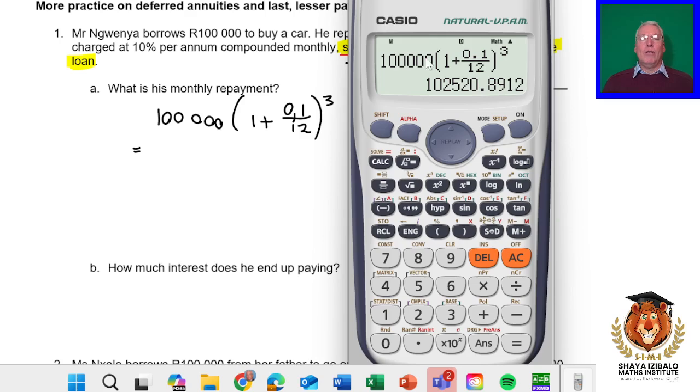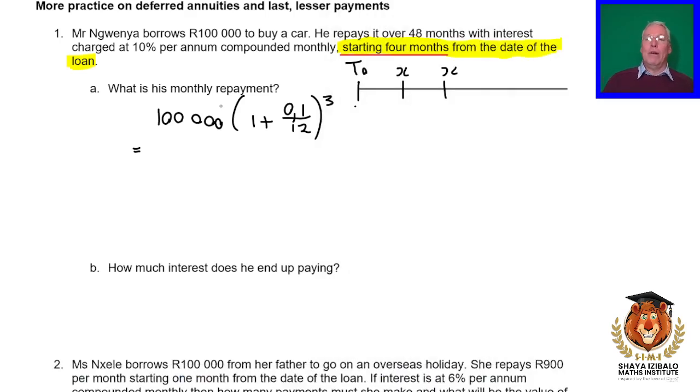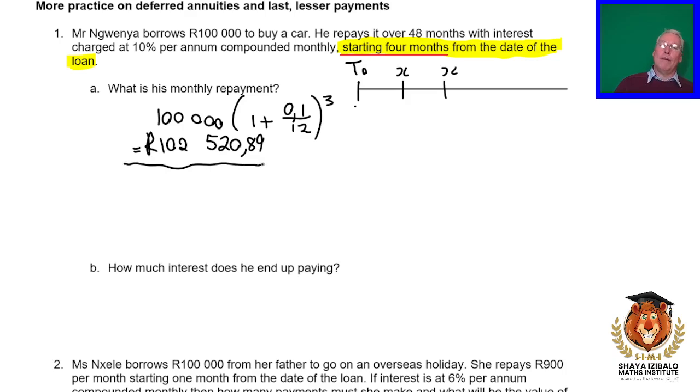It comes to 102,520 and 89 cents. That's how much he owes 1 month before he makes his first payment. Okay, and that is the debt at this point, and that's where we want to be. 102,520 and 89. Now, what we want to do is work out our monthly repayment.